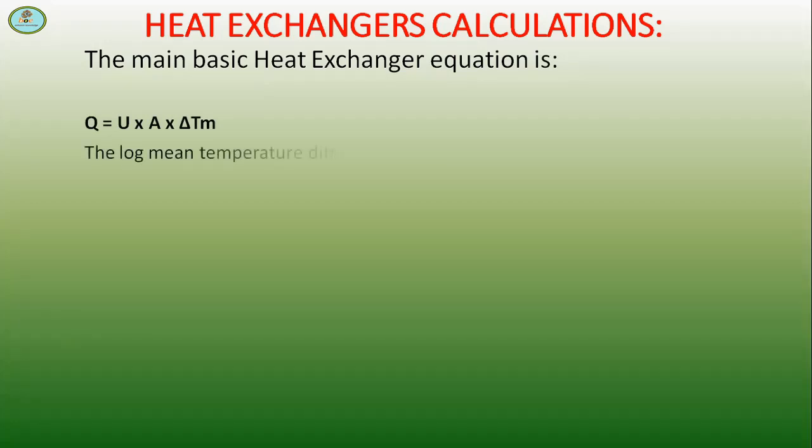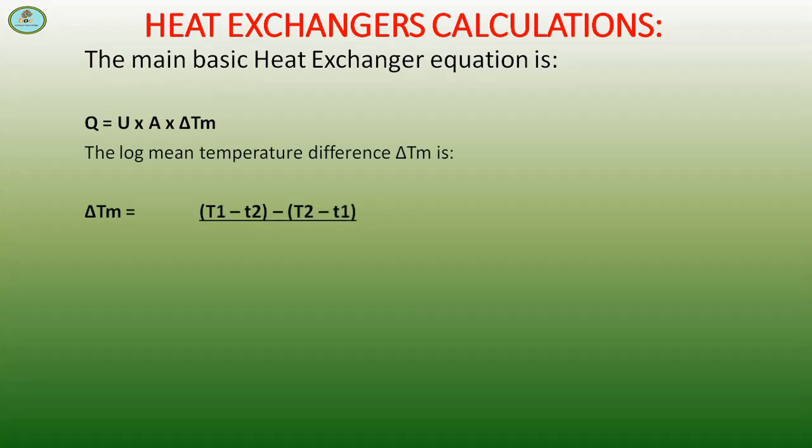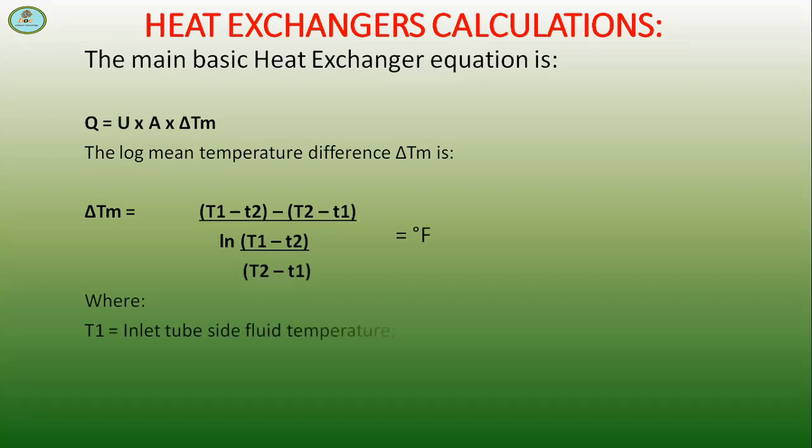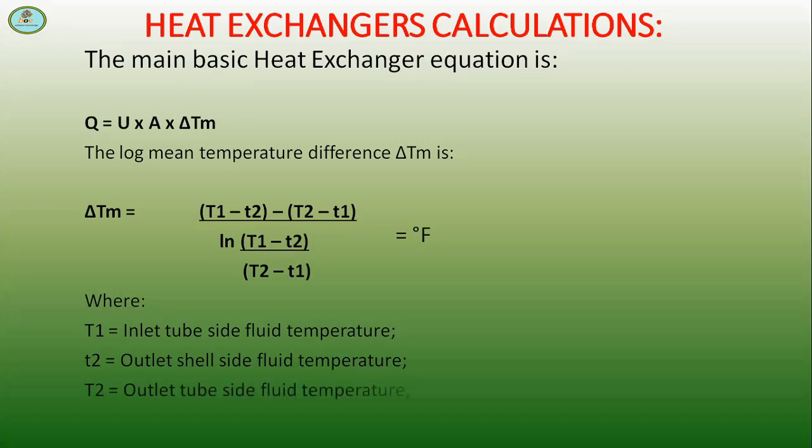The log mean temperature difference delta Tm is equal to ((T1 minus t2) minus (T2 minus t1)) upon ln((T1 minus t2) upon (T2 minus t1)), where capital T1 is inlet tube side fluid temperature and small t2 is outlet shell side fluid temperature. T2 is outlet tube side fluid temperature and small t1 is inlet shell side fluid temperature.